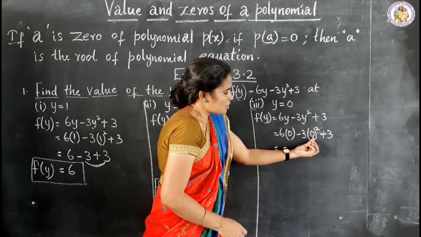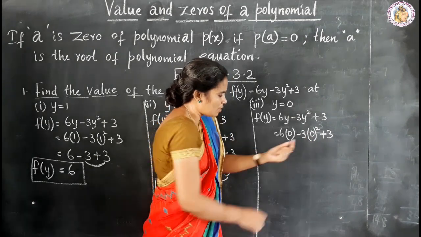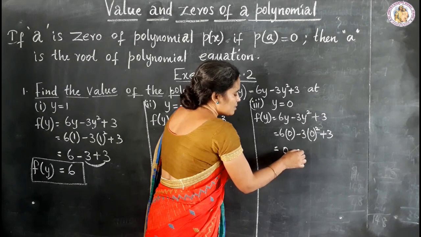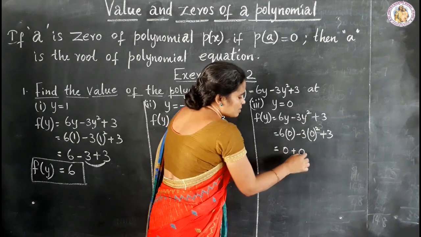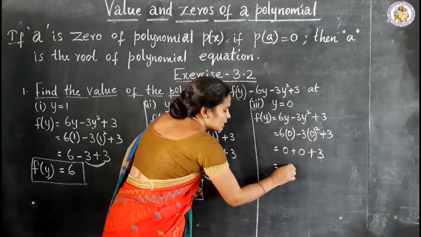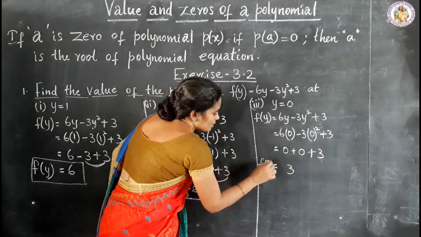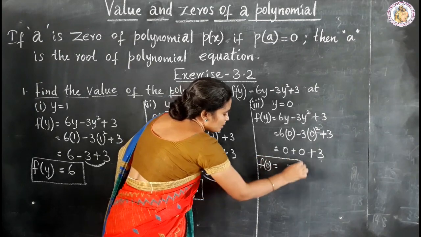And here 0 into 0 is 0. 0 multiplied with 3 is also 0. So write as 0 plus or minus 0 plus 3. Okay. At last we have only 3. So f of y, that is f of 0, is equal to 3.